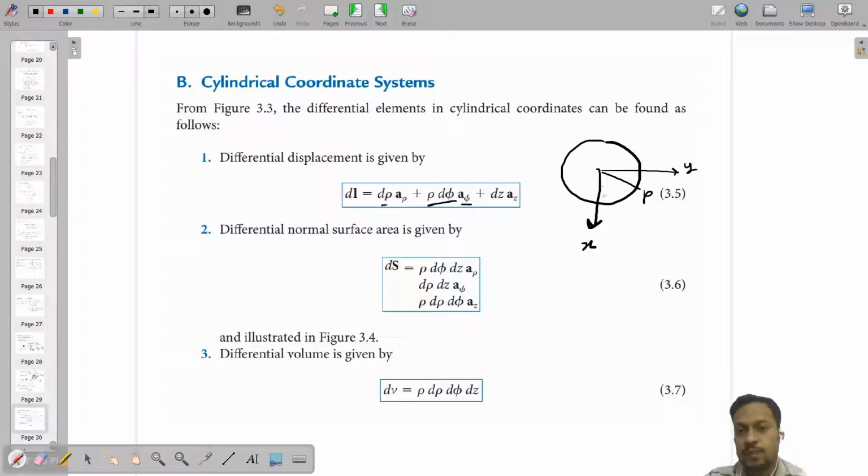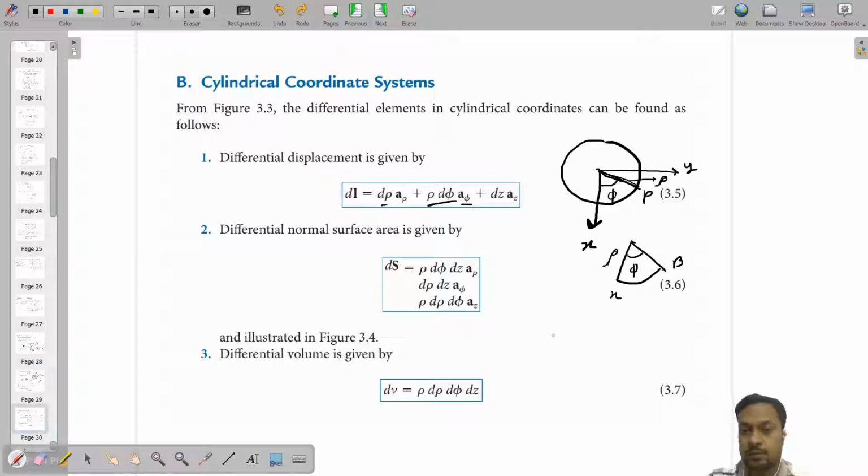The angle phi is the angle made from the x-axis to that point P, and the length of the line from the origin to the point P is rho. Now we have this point P, this is the x-axis and this is phi. Now we have radius rho, angle phi, then arc length.